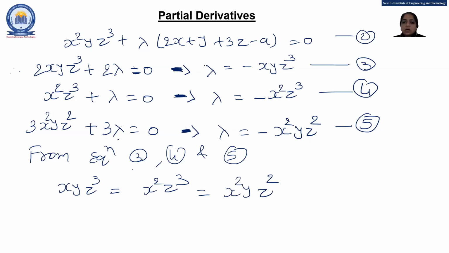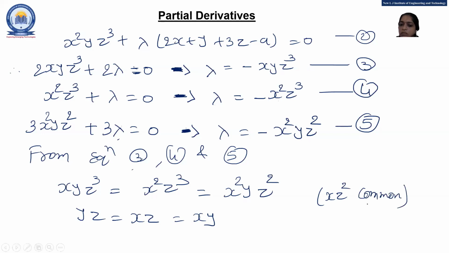All are lambda equal to, so they are all the same, and I keep minus as common. Next, if I take x z square common from all three terms, the remaining terms are yz, xz, and xy.